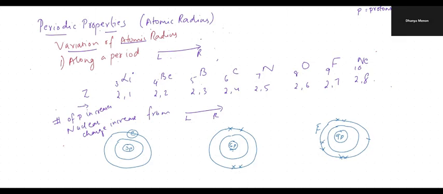So as you're moving from left to right, the nuclear charge is increasing. As the nuclear charge increases, the nucleus will pull the outer electrons in more. So what will happen to the radius? Radius decreases. So along the period, radius decreases.